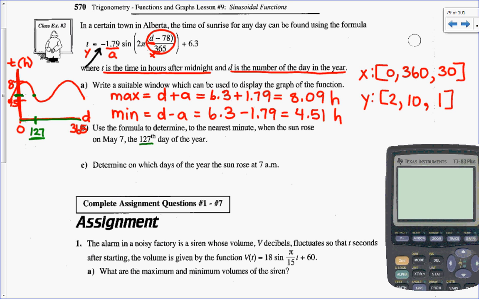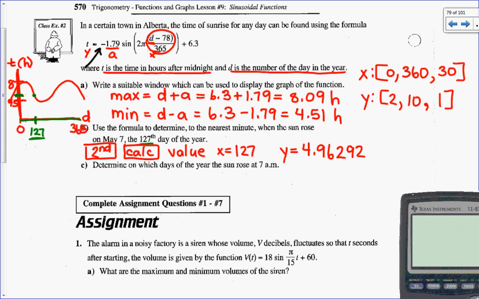Okay, how do I calculate that? Well, again, you're going to go second. You're going to ask your calculator to calculate a value when your x is 127. And it's going to tell you that your y, or in this case, your time, would be 4.96292 hours.